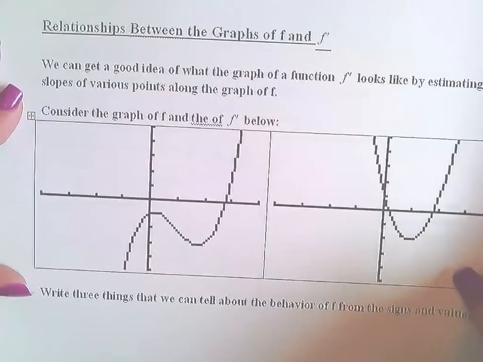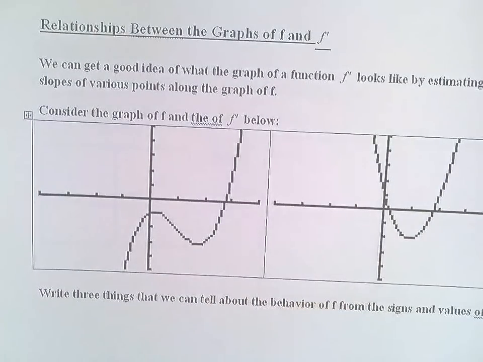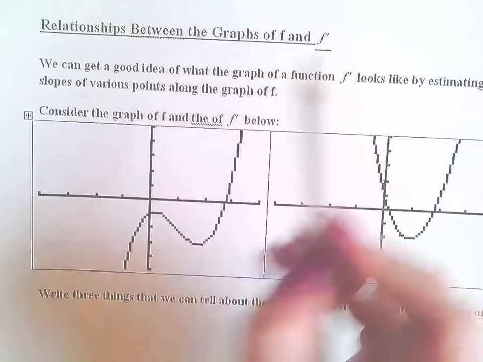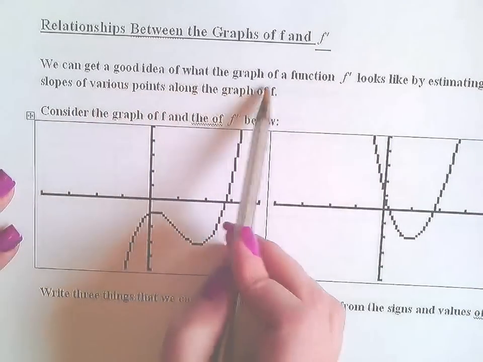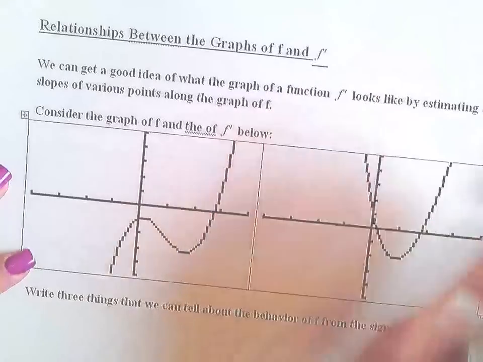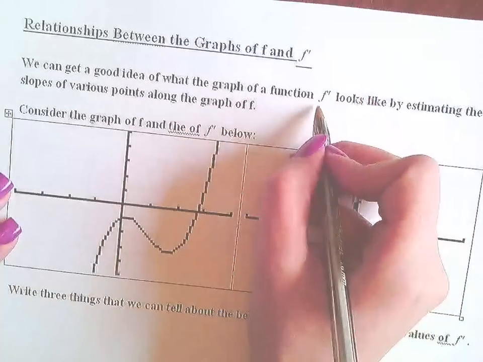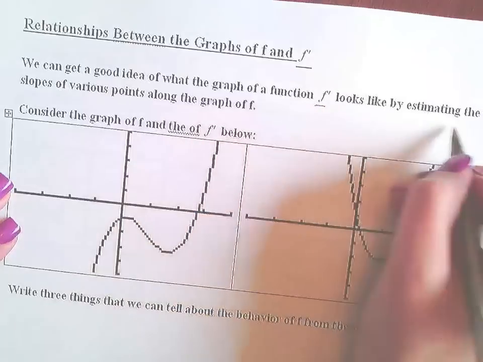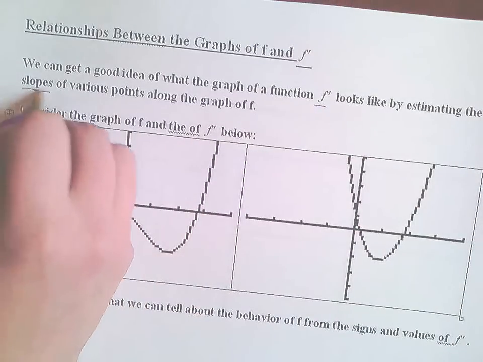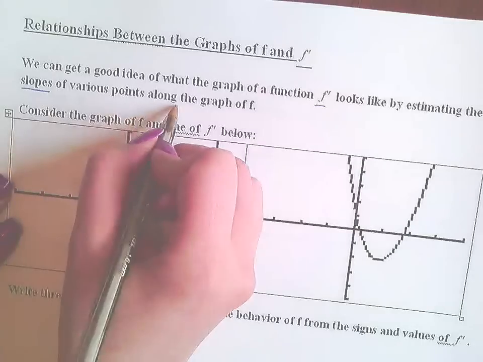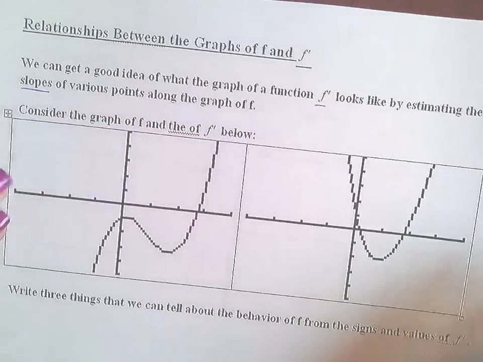Alright, so still nothing new, right? Now here's where it gets a little fun. Relationships between the graphs of f and its derivative. So we can get a good idea of what the graph of a function's derivative looks like by estimating the slopes at various points along the graph.